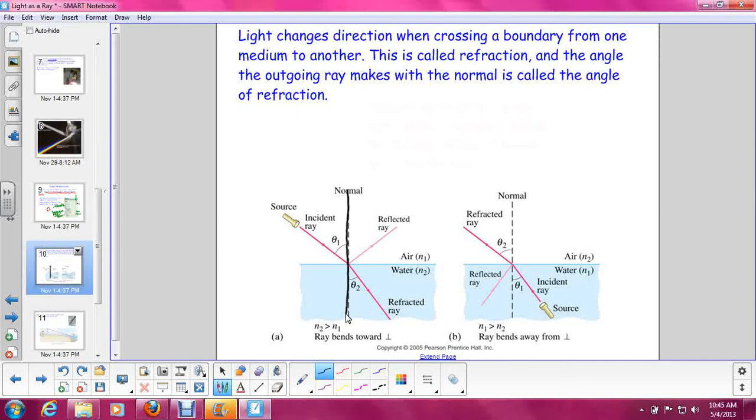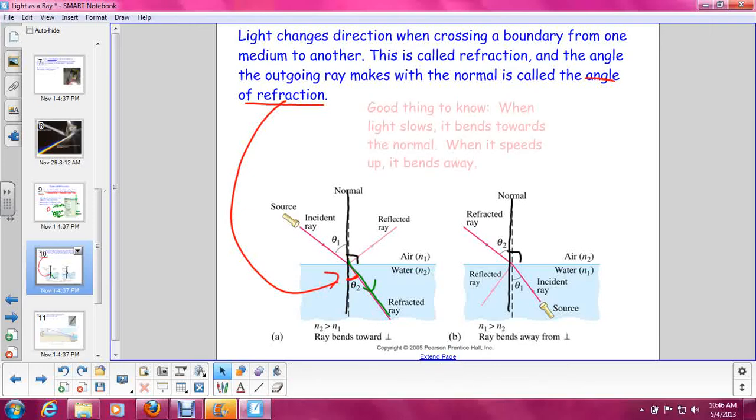The normal is our imaginary line that is 90 degrees to the surface, so it always makes a little right angle with the surface. That's where we measure our angle from. The angle of refraction in this first picture is this right here. We have our outgoing ray, and the angle it makes with the normal is the angle of refraction.